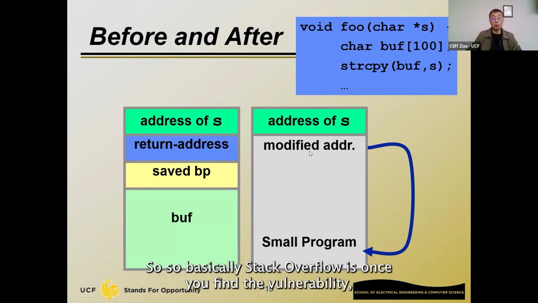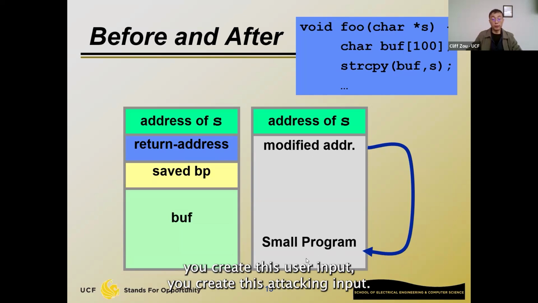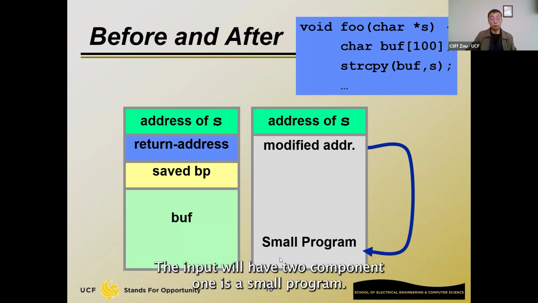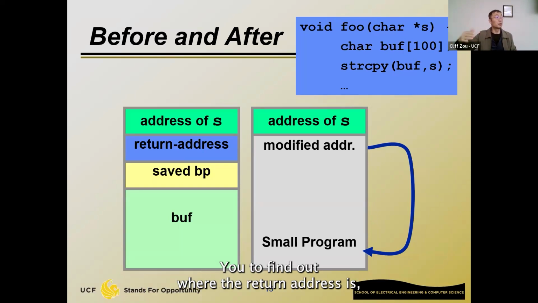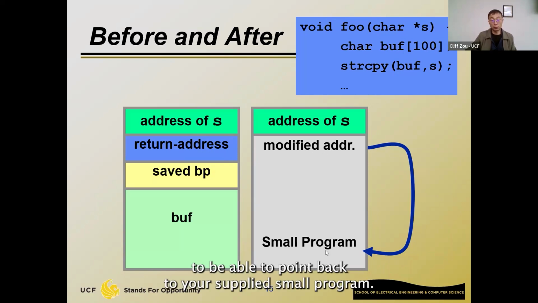So basically, Stack Overflow is once you find the vulnerability, you create this attacking input. The input will have two components. One is a small program. The second component is you overwrite the return address at the correct location. You need to find out where the return address is. Then you modify that address value to point back to your supplied small program.